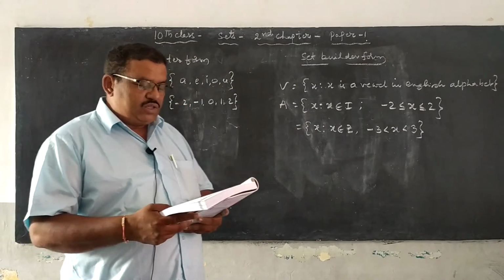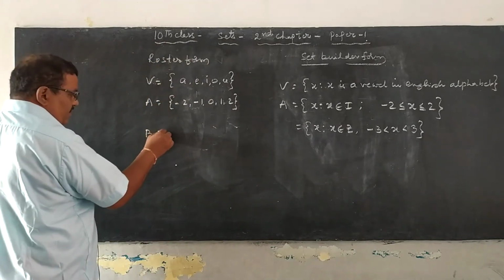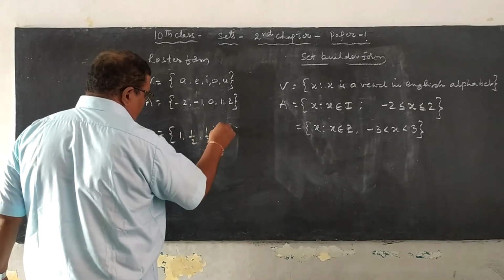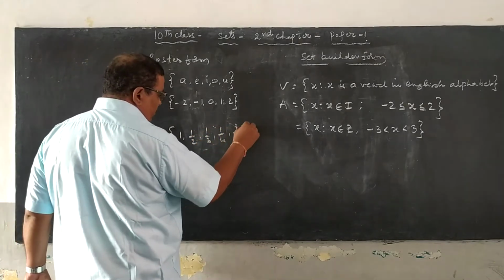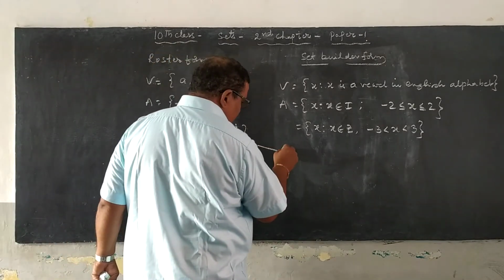Now the third question: B is equal to {1, 1/2, 1/3, 1/4, 1/5}. This is B. How will we represent this one?